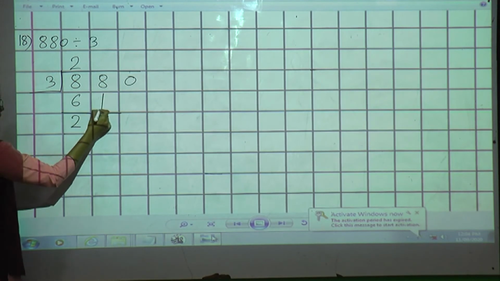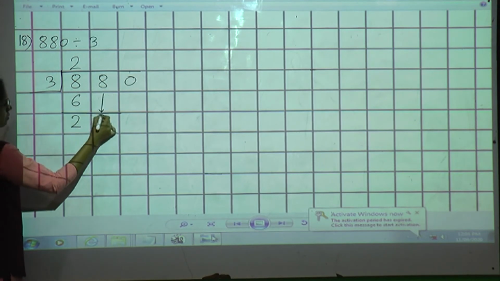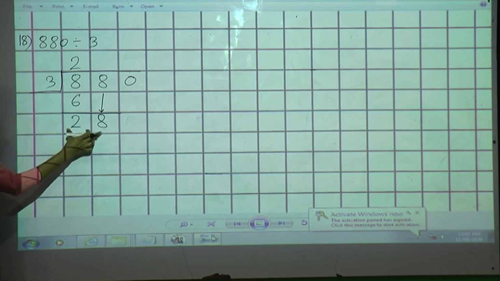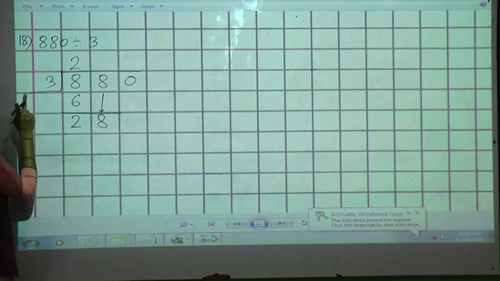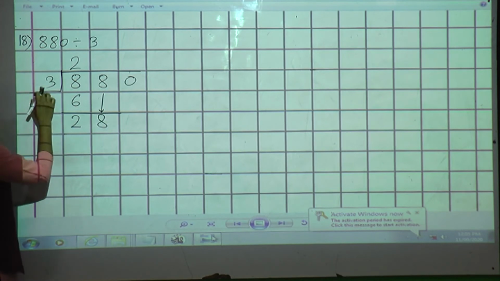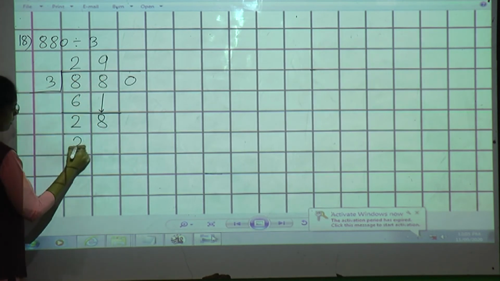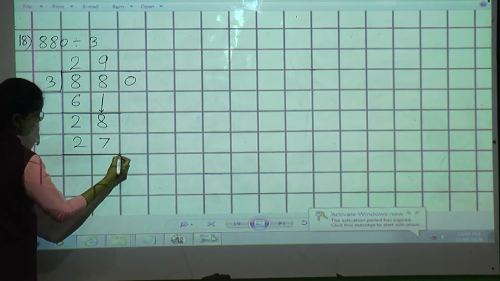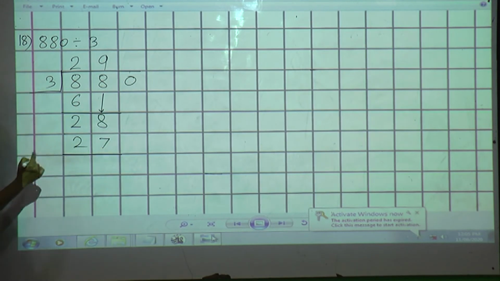Now in the next step, this 8 will come down. So here we have 28. Now in the table of 3, 28 is not there. So we will take the smaller number than 28. 3 9s are 27. Now 28 minus 27, 1.